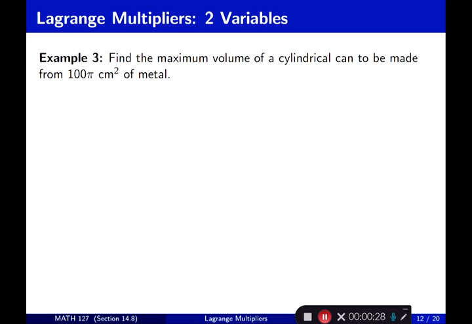centimeter squared of metal. So what we need to do is set up g of x to be the surface area of the can, and then the volume of the cylinder is going to be the function that we're optimizing.